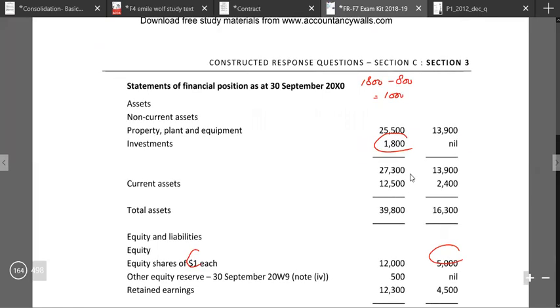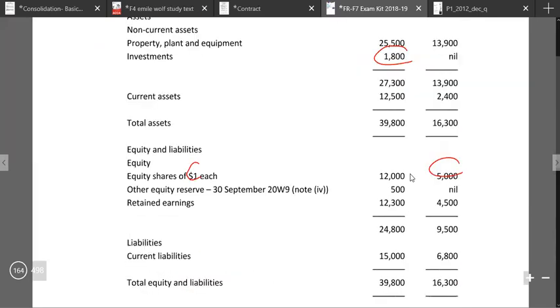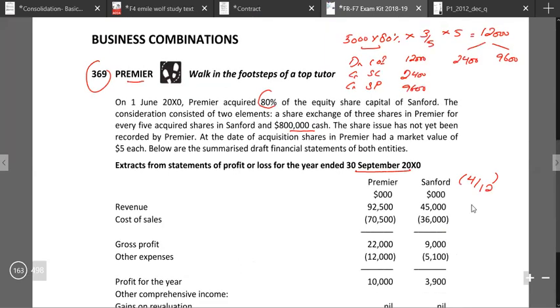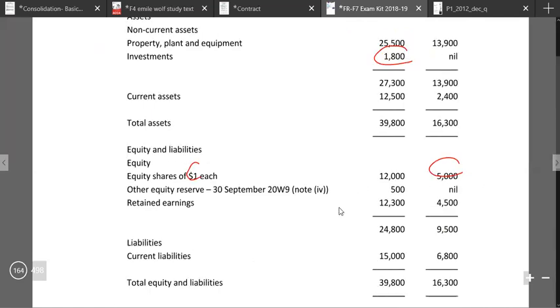So there's one more thing. Let's go to the equity section. The date of acquisition was 1st June 20x0. Now we need the retained earnings at acquisition as well. Do we have that? No, we have the retained earnings at reporting date, which is at 30th September, which is 4,500.